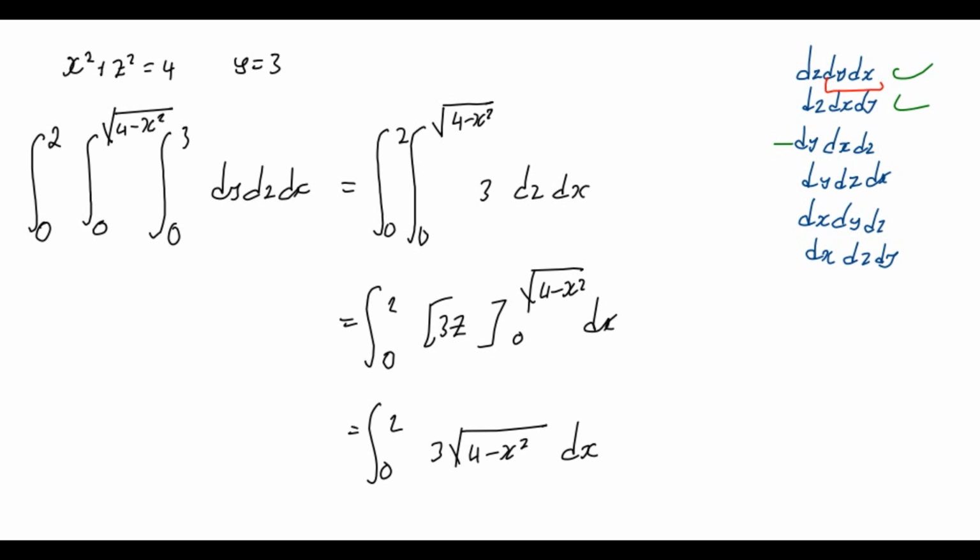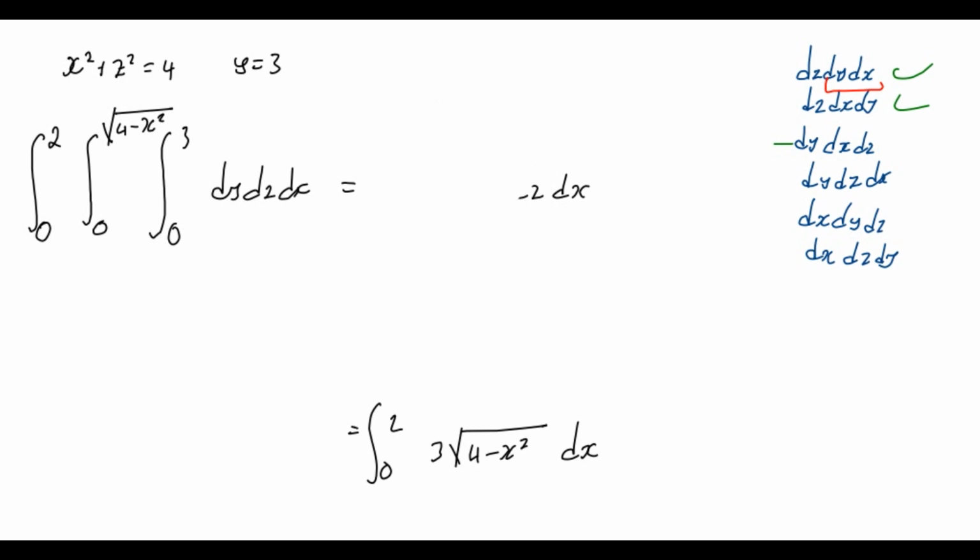Okay, so how is this one going to be? So we are moving from 0 to 2. Then actually, I put the 3 outside here. Then we have the square root of 4 minus x squared dx.